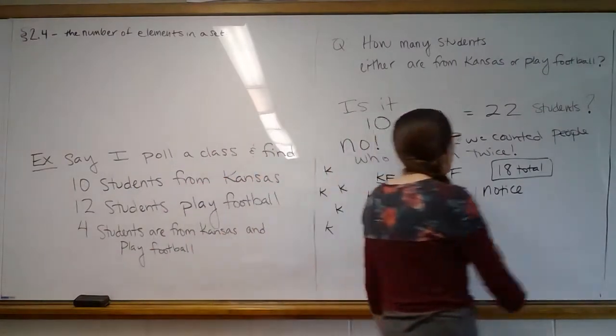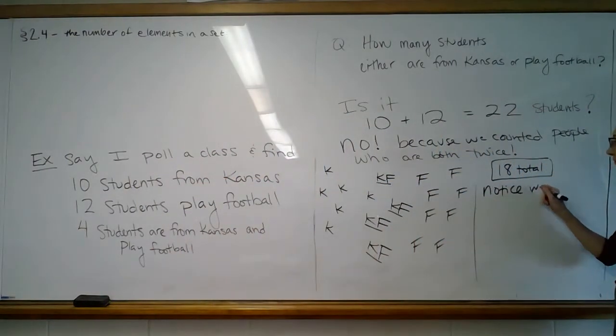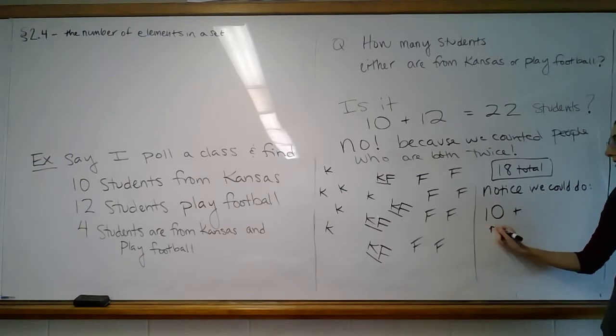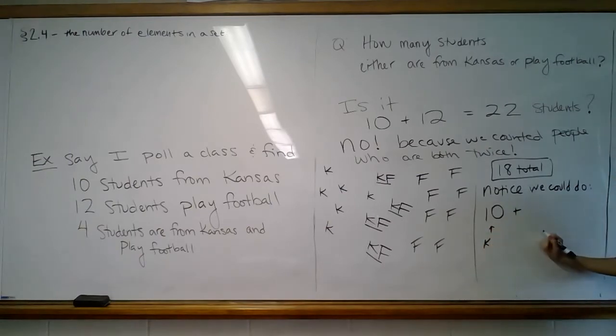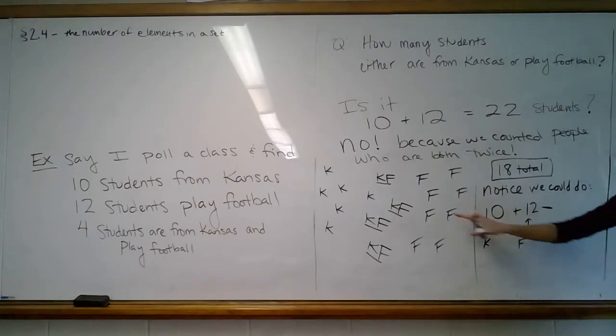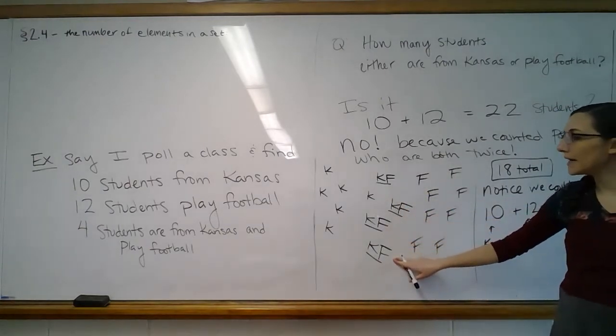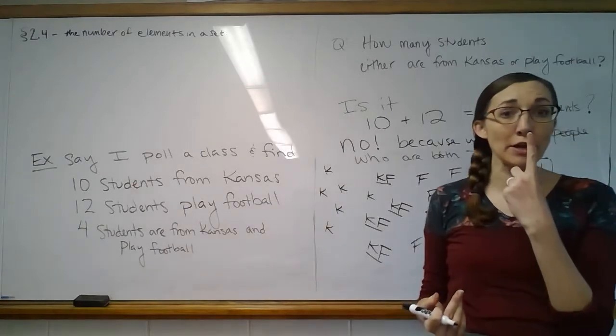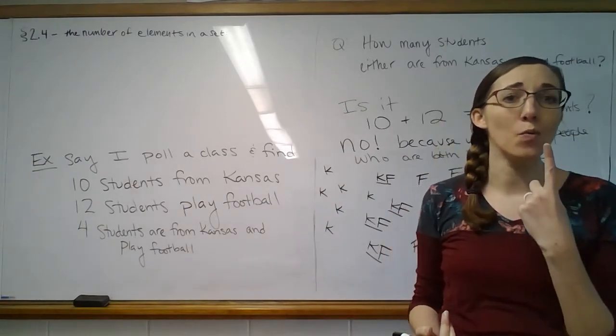So really what we could do is we could do the 10, which was the Kansas people. We could add it to the 12, which were the football people. And then I could subtract off the people who were counted twice, which then means, well, if I counted them twice and I get rid of one of those, then I only counted them once.